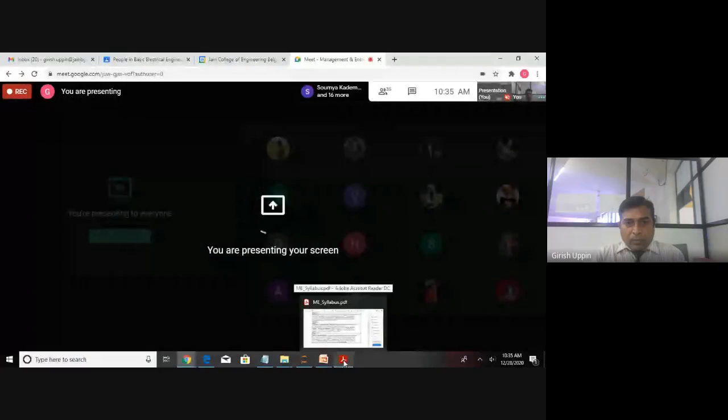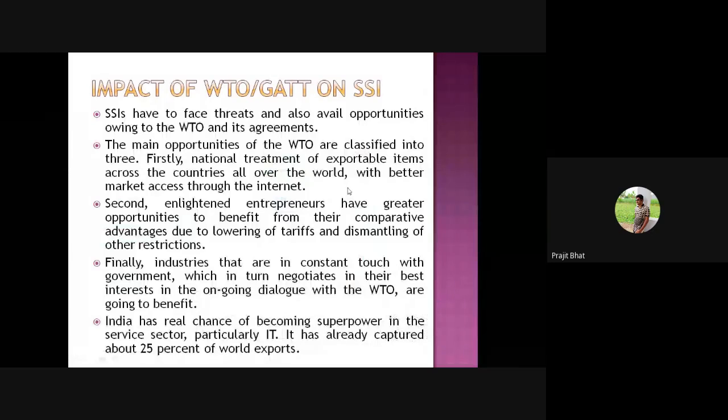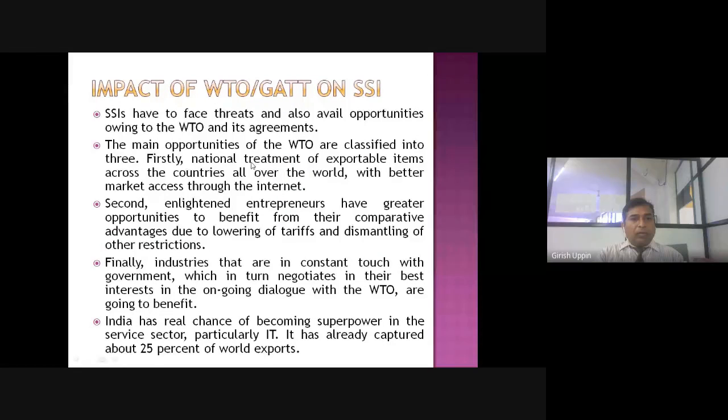The first one is the national treatment of exportable items across the countries all over the world with better market access through the internet. So this is the first opportunity.